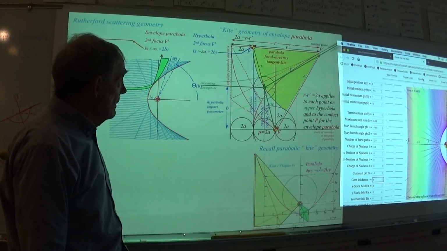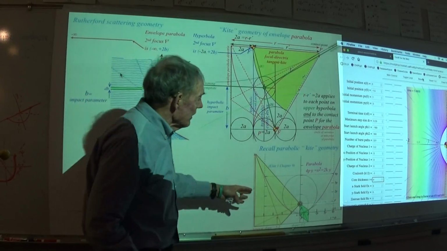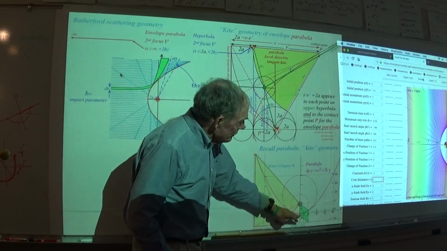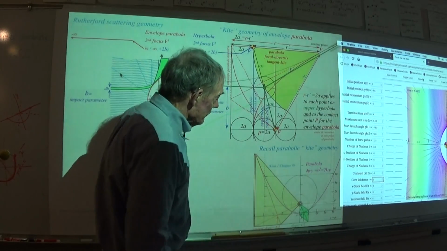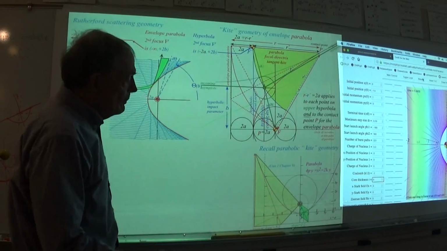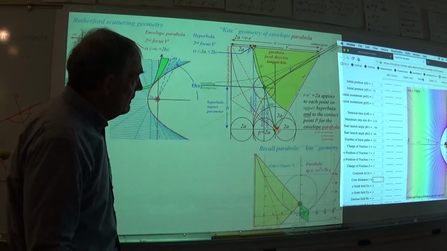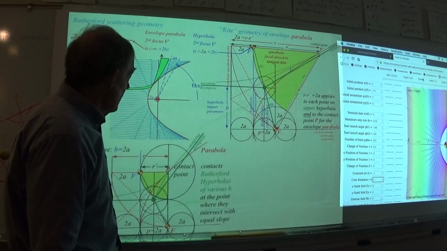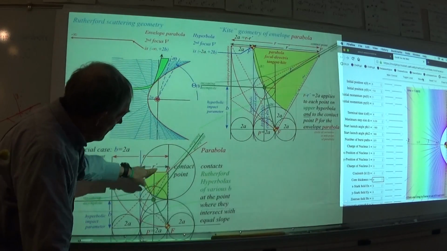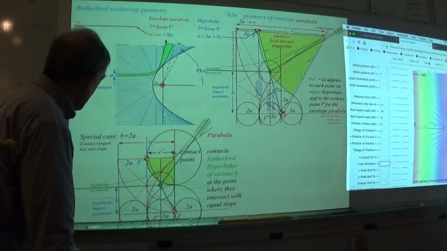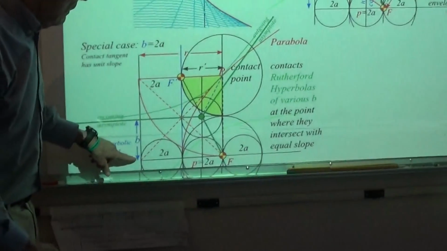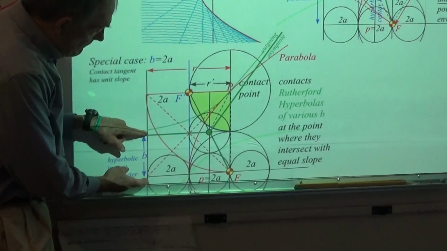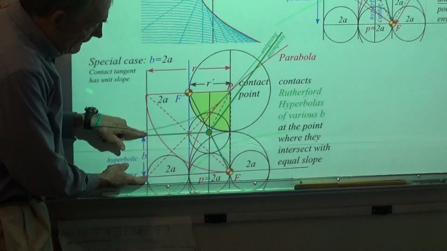Okay. All right. Now remember, the kites: there was a square kite, and then there was the sort of Asian kite that was very symmetric. That's when you go inside the focus of the parabola. Well, I've got an example of first the square kite right here. This occurs when you have B equal to 2A.